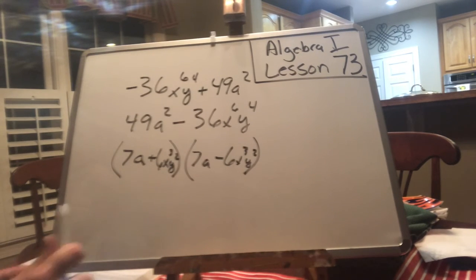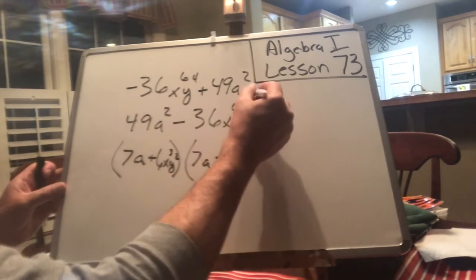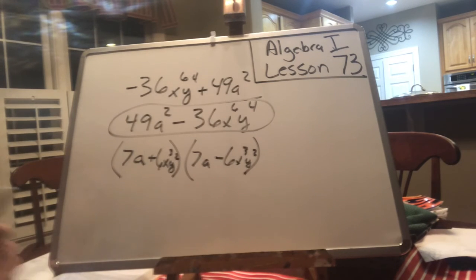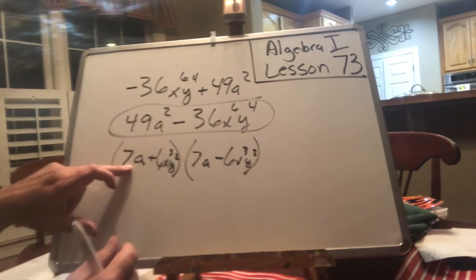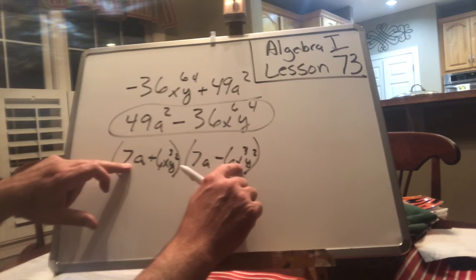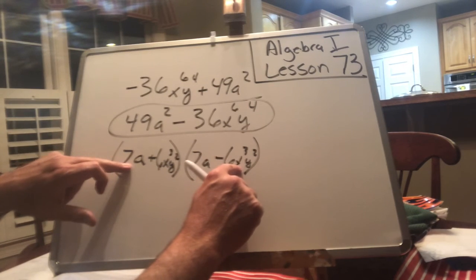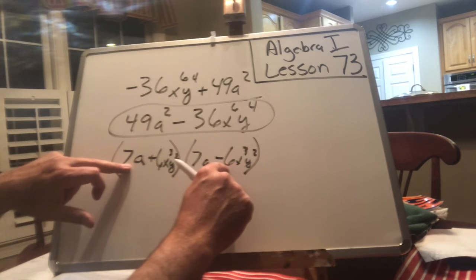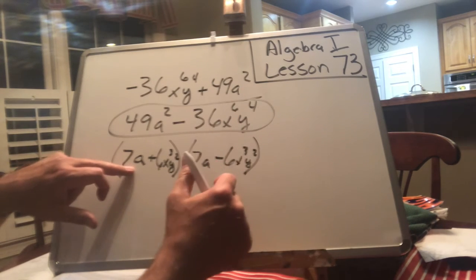If you want to check your answer, remember this is our original problem right here. You know that they're going to cancel out in the middle. 7a times 6x to the 3 y to the 2 is going to be negative 42, whatever it is.